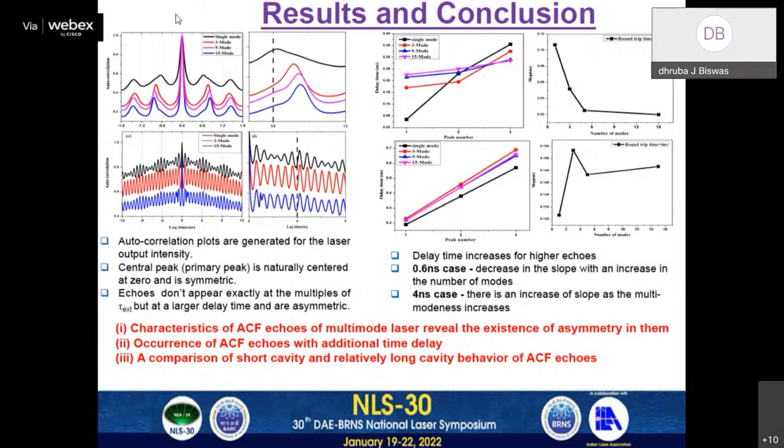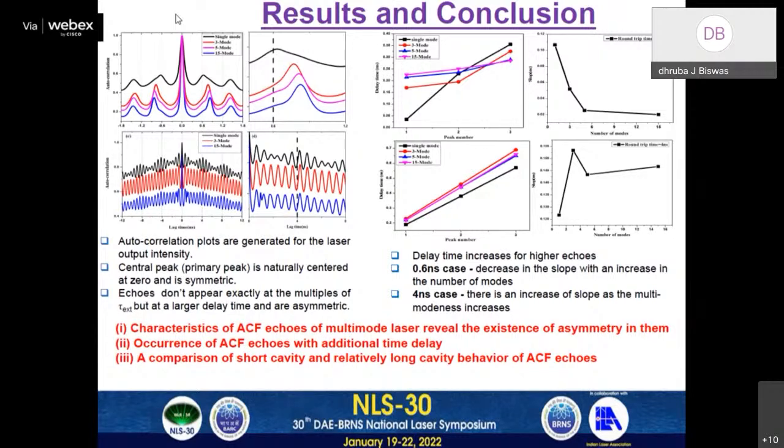For the 4 nanosecond case, it is shown in an enlarged view. And we studied the shift from the expected value for the first delay echo, second delay echo and third delay echo, as shown in the figure. We found that as we go to the higher delay echoes, the shift is increasing. And we studied the slope also.